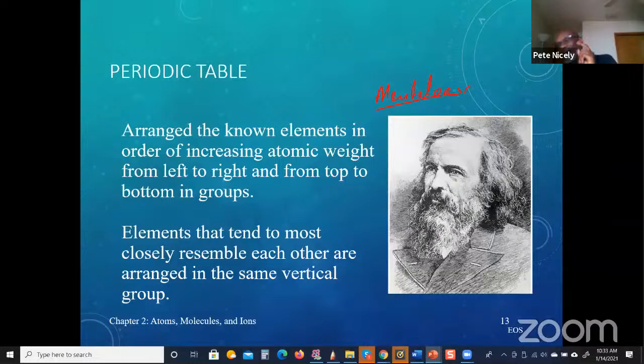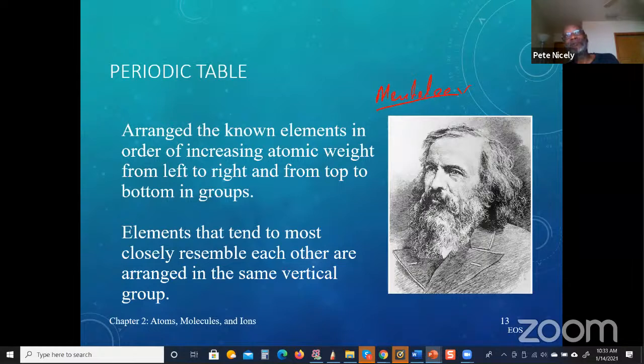Now, one interesting thing about the table that Mendeleev came up with is that in his table, there were certain gaps. Those gaps represent elements that were not yet discovered, right?